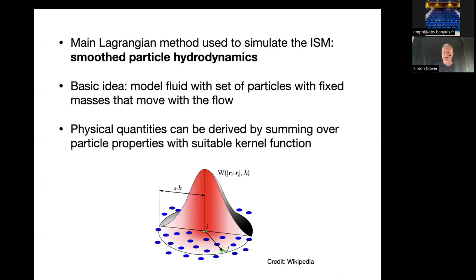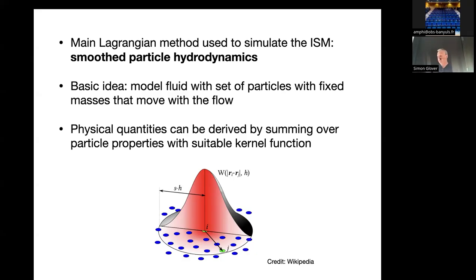Okay, now what about Lagrangian methods? The main true Lagrangian method that's used is something called smooth particle hydrodynamics. The basic idea of this is we're modeling the fluid with a set of particles with fixed masses that move along with the flow. So they're local.